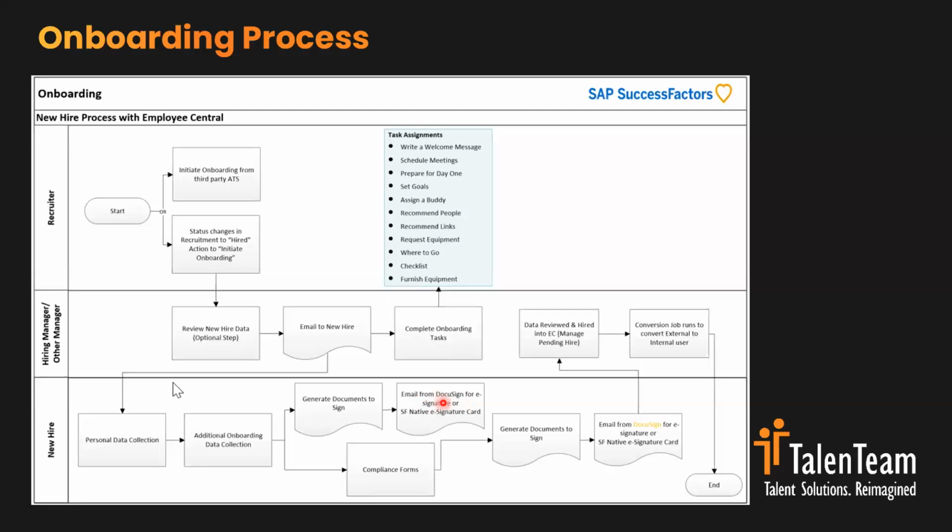Once after this step, the data will move into manage pending hire, where if you have Employee Central, the data will automatically move into the manage pending hire step, where the Employee Central administrator will access this data and start converting the candidate into an employee. We can see all these processes in detail in a while.